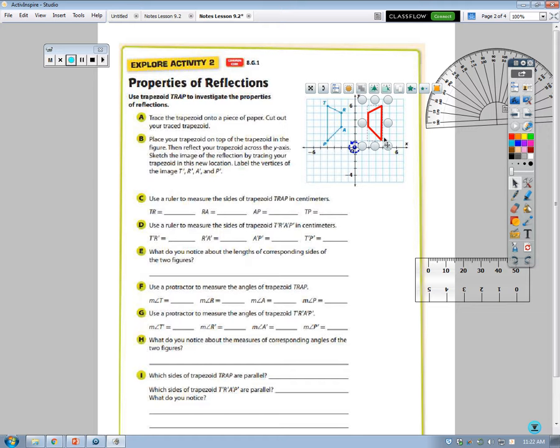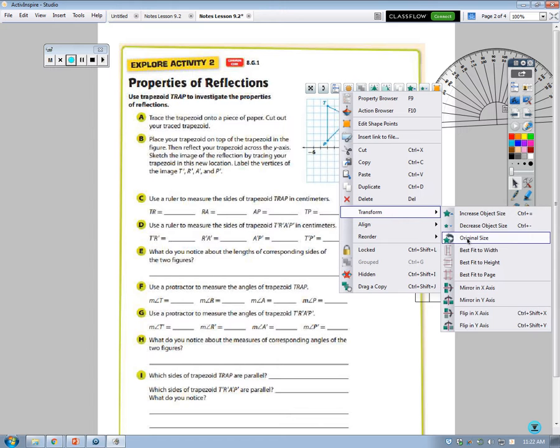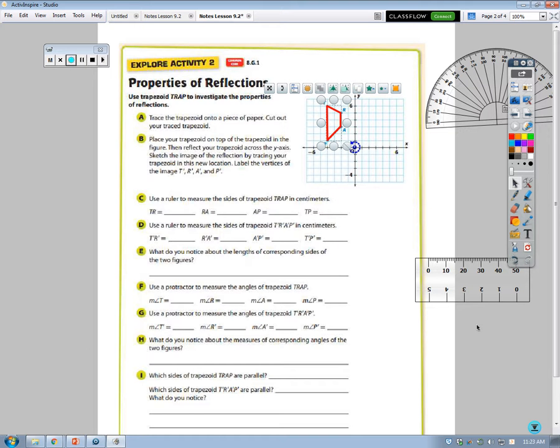So we are going to flip that trapezoid across the y-axis, and I already did that for you guys. So I have my original trapezoid here, and I'm just going to show you what that looks like again. So I'm going to flip across the y-axis. So here it is as an original. Okay, and then I'm going to flip it across the y-axis. All right, let's watch that one more time. Original, that's my pre-image.